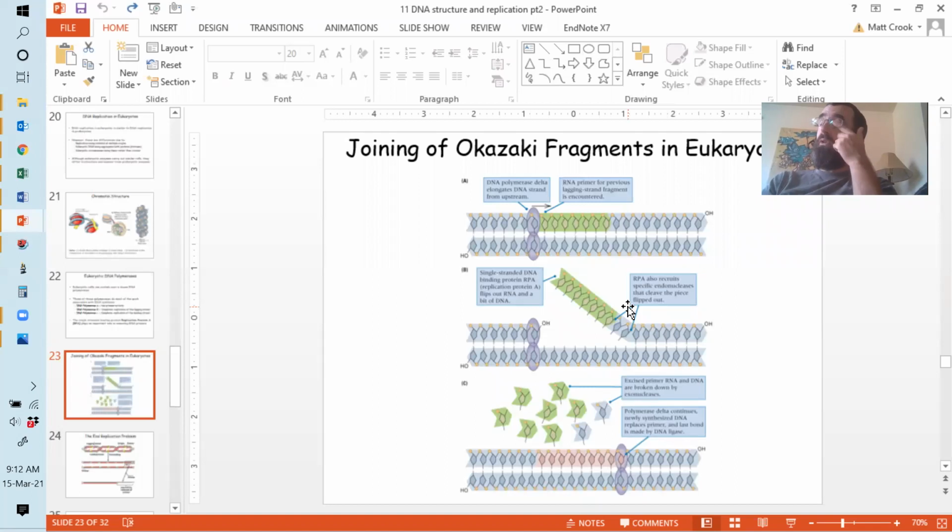So before in prokaryotes, if you remember, DNA polymerase 1 comes in and actively chews up the RNA primer, right? And replaces it at the same time with DNA. In eukaryotes, it doesn't happen quite the same way. Instead, the RNA primer is levered up and cut off partly into the newly synthesized Okazaki fragment, right?